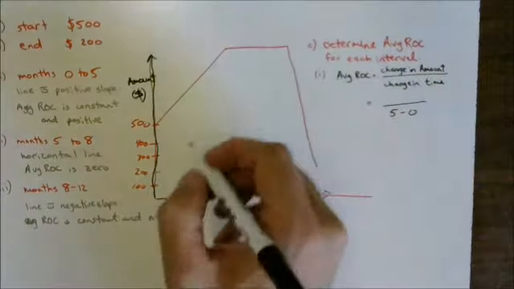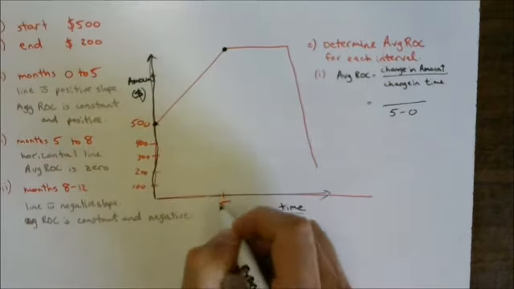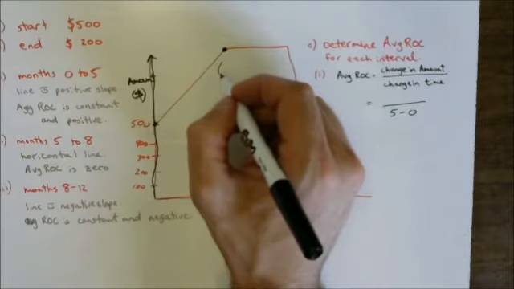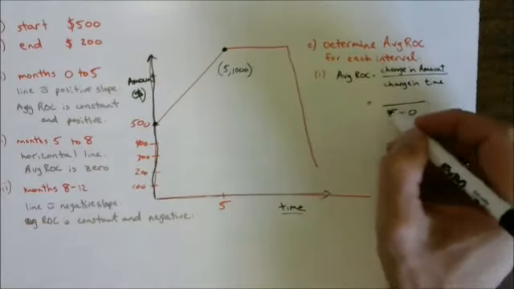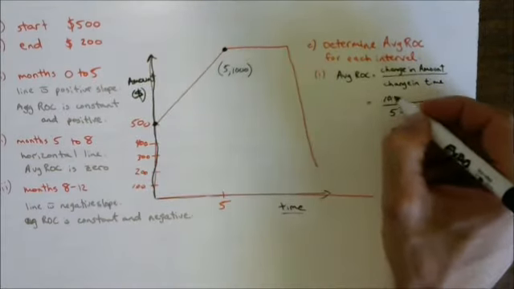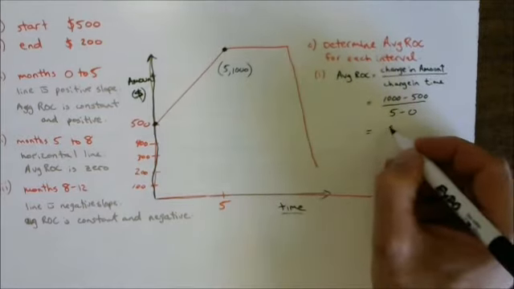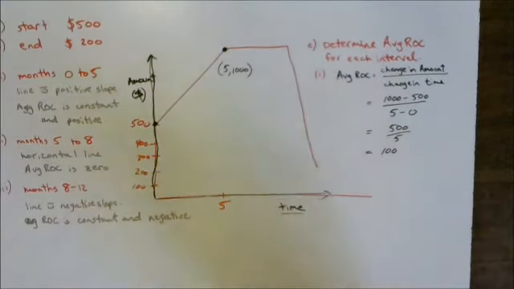Basically we're going from this point to this point. At the top, the amount is 1,000, so we've got 5, comma 1,000. In the numerator, we have 1,000 minus 500. If we simplify that, we get 500 over 5. We get average rate of change of 100, which tells us that the amount of money in the account is increasing on average by $100 per month.